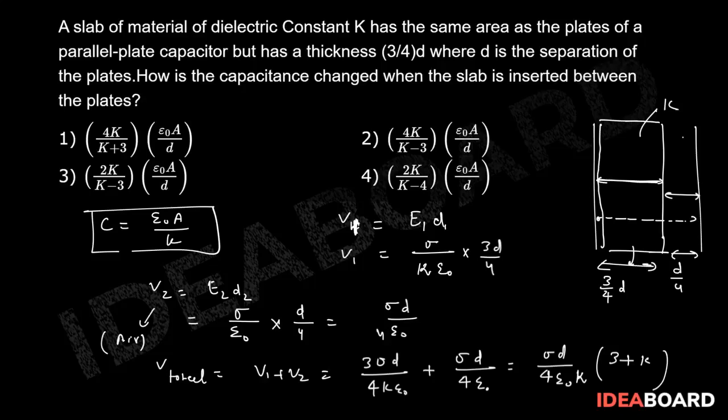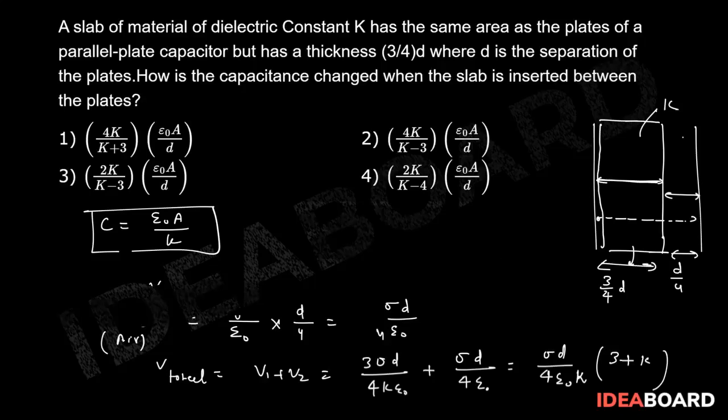So now we have the value of V total, but we want the capacitance. How is the capacitance changed when the slab is inserted? We want to calculate the equivalent capacitance. For that we will again use Q equal to CV.